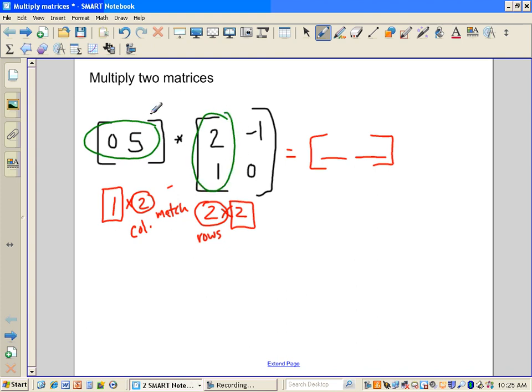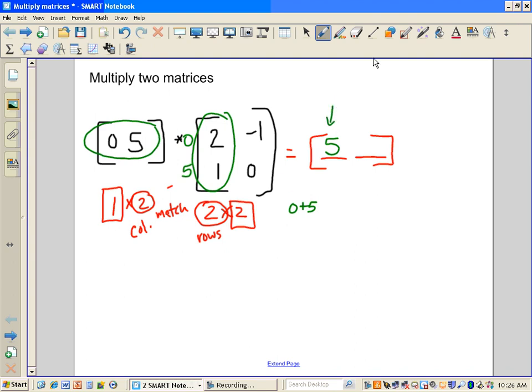The way you match it up, if you can picture it in your head, is you flip this row vertical so that the 0 is here and the 5 is here, and then you multiply those two numbers that are next to each other. So I would do 0 times 2, well that's just 0, and then 5 times 1, well that's 5, and then I add those two together. Notice 0 and 5 is 5, and so that's my first answer I put in here. So I've done the first row times the first column, and that's my first entry right in here.